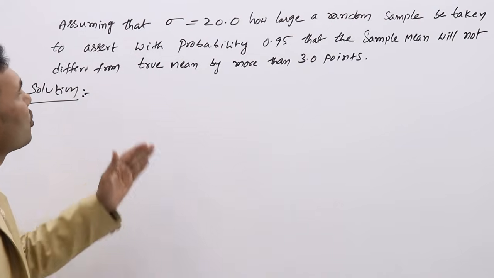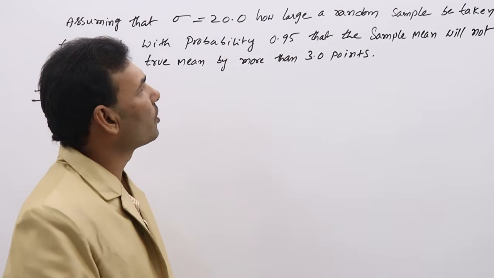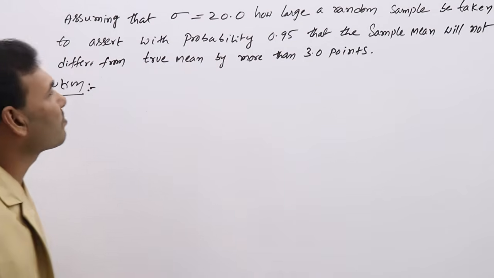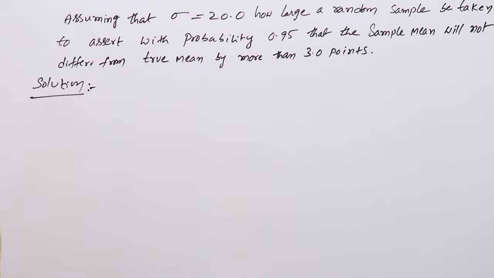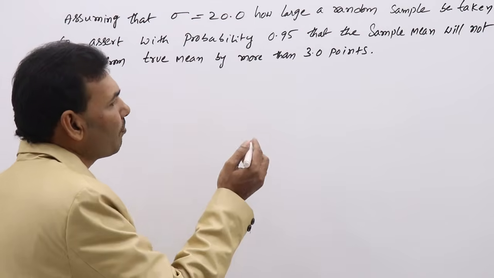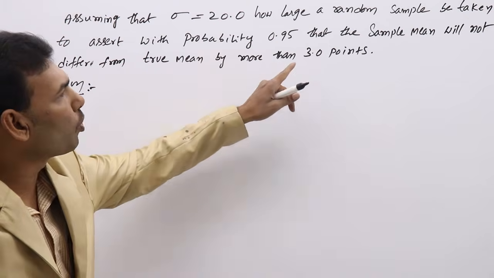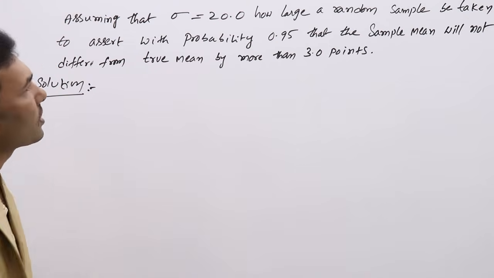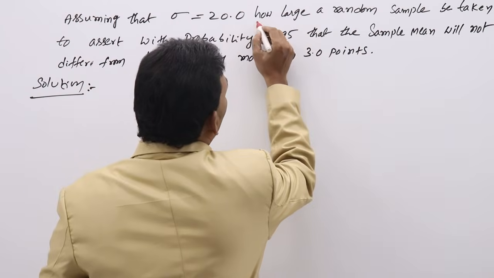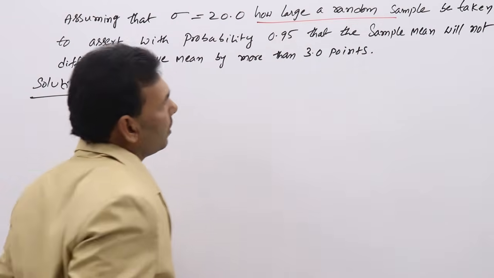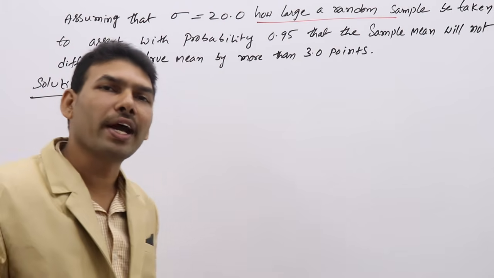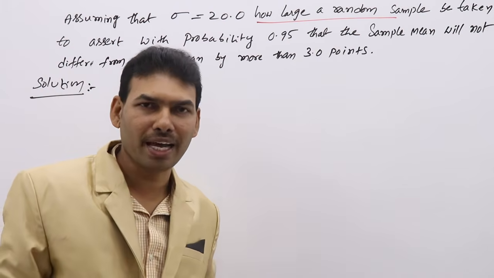Given that the SD is 20.0, how large a random sample must be taken to assert with probability 0.95 that the sample mean will not differ from the true mean by more than 3.0 points? Here, how large a random sample? That means we need to find the size of the sample, small n.